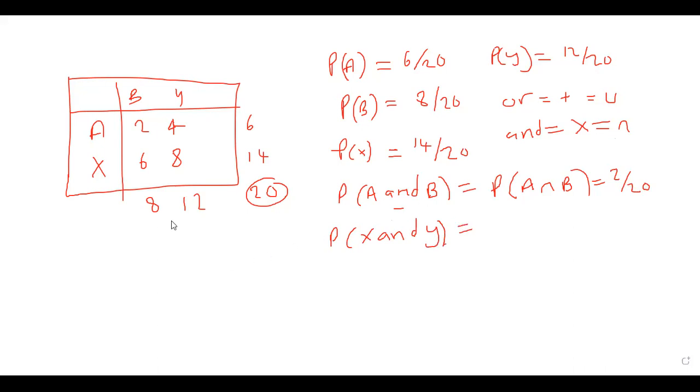I said OR, but it's A and B, so it is A intersection B. So what is X and Y?